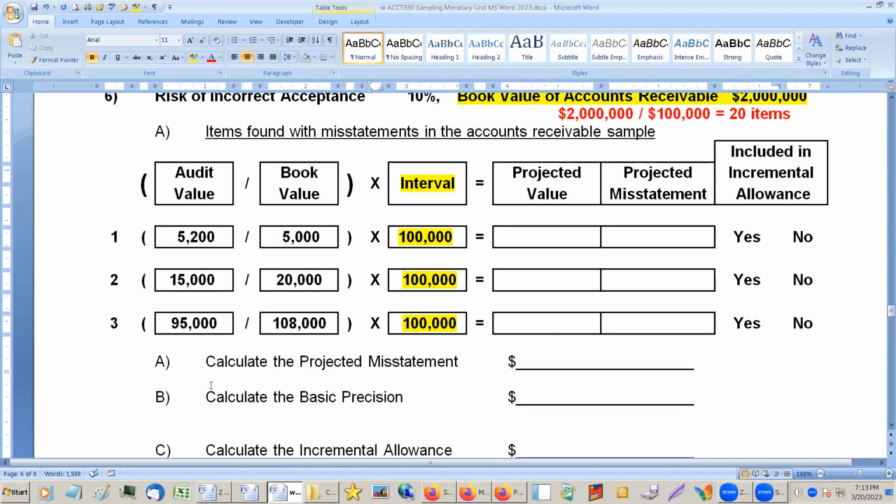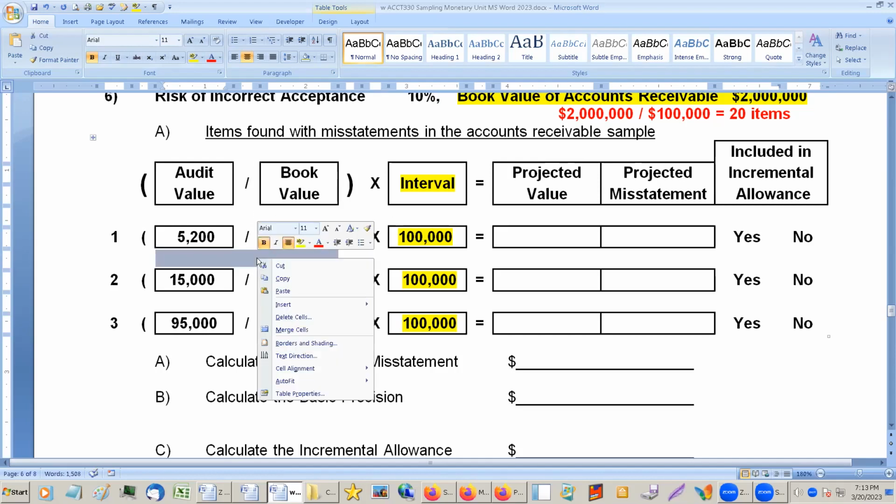I'll give you a hint. This is something that we're not supposed to be able to find with this method. And this is an understatement.